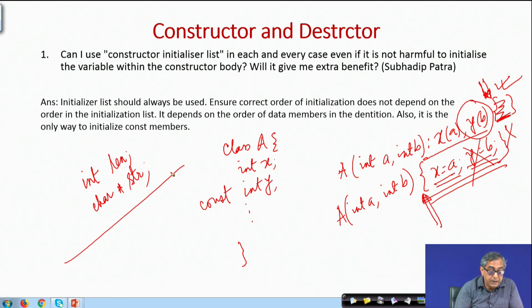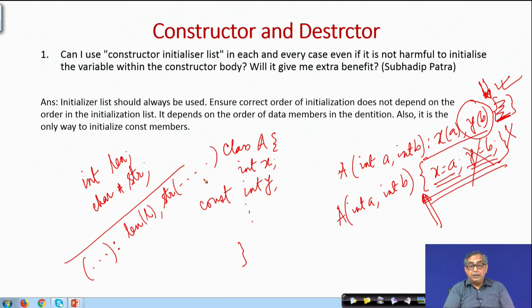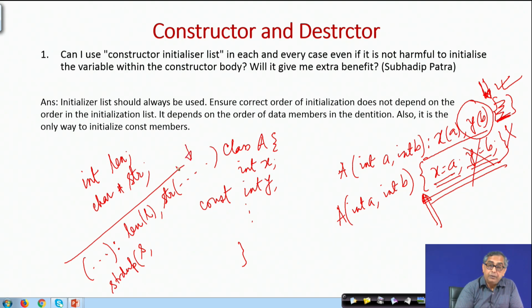This initialization will mean that after the constructor I will have len initialized with L, and str initialized with the dynamic allocation. So, this will be something like str dup of original, but how can you do the copy? You need this allocation to be done.